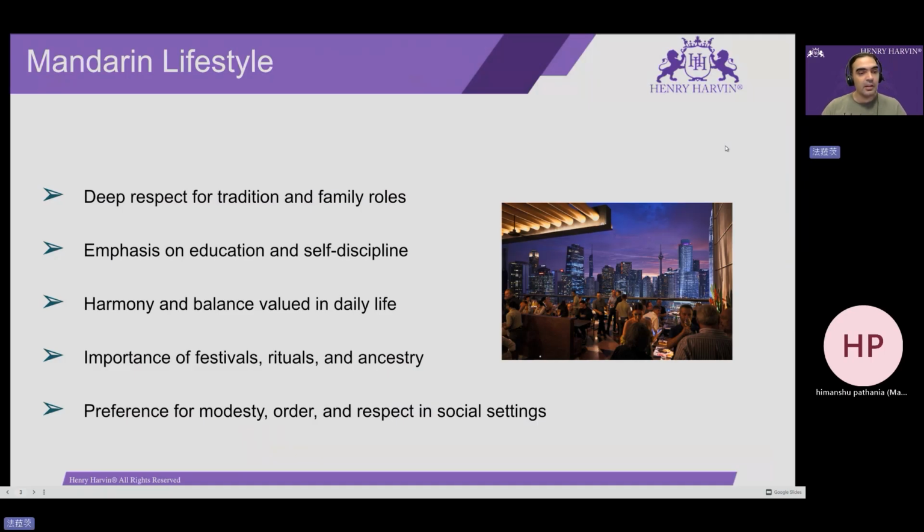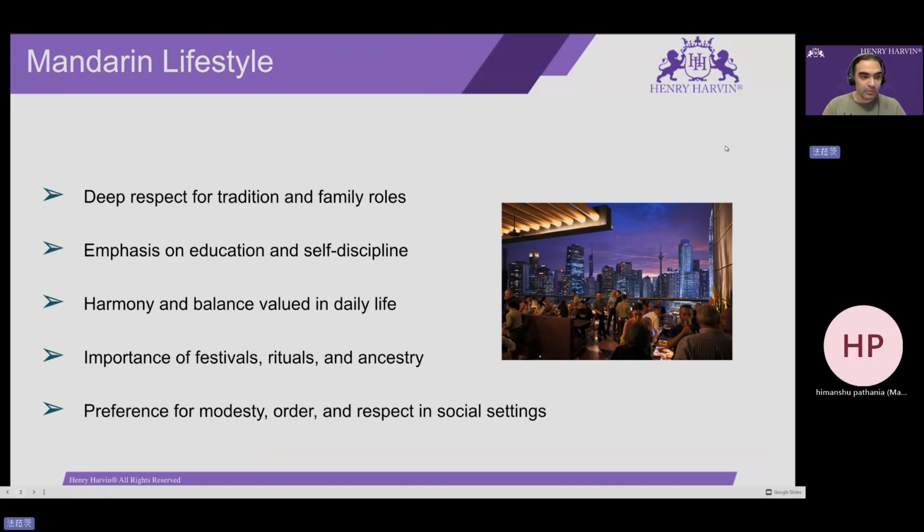Other than that, we can see harmony and balanced values in daily life. Harmony is also very important in the culture of a Mandarin speaking society, and it balances the values of their life that are really important to them.